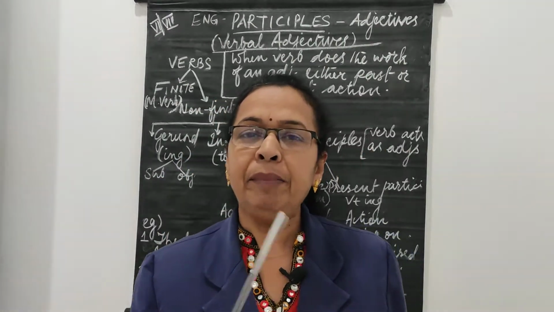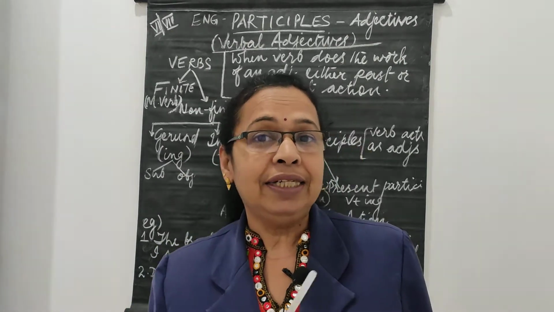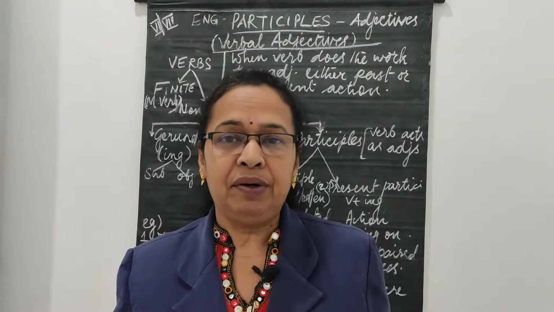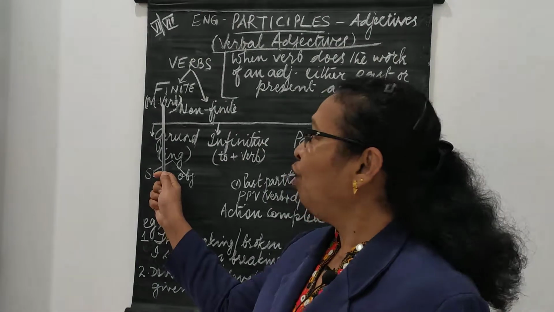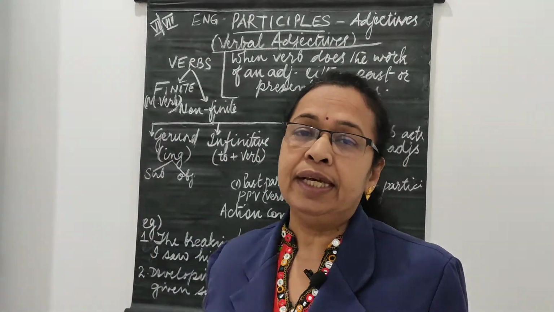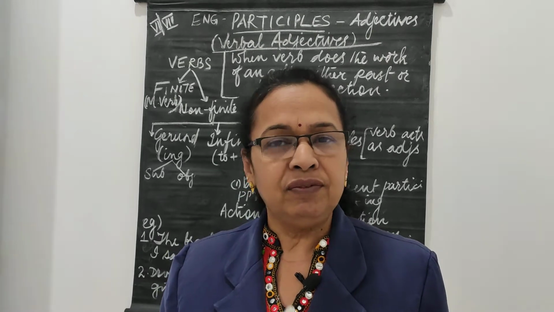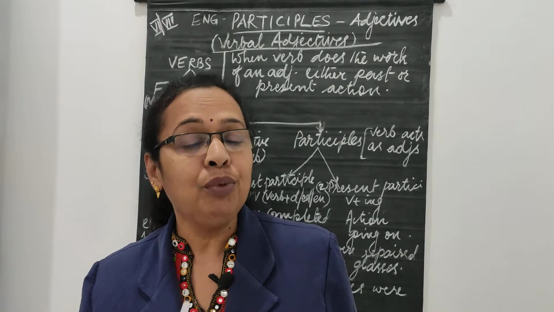A finite verb is the main verb in a sentence. It has a subject and it tells us about the tense and number, whether it is singular or plural, of that sentence.